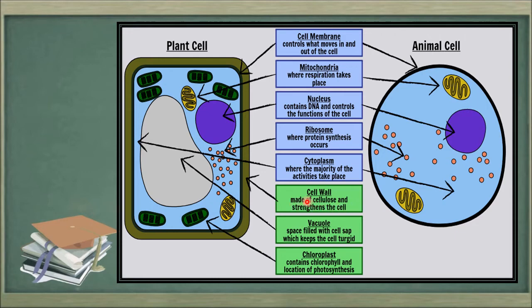It gives strength to the cell because plants need extra strength as their function is different from animal cell. Animals can move from one place to another; if it is too hot, they can go in shade. But plants have to remain in the sun. They can't change their place. They have to bear all the wear and tear and all the weather conditions, so they need extra covering. This strengthens the cell.